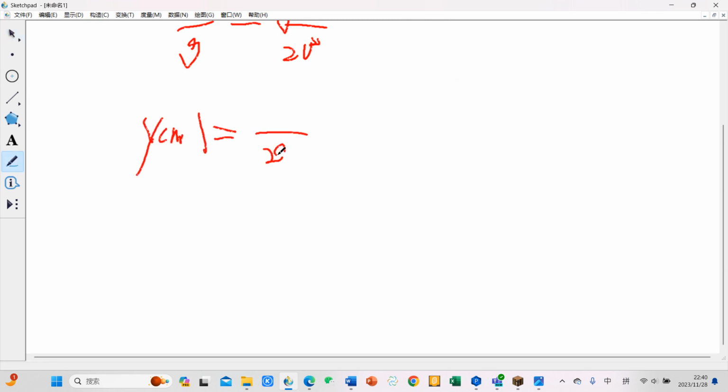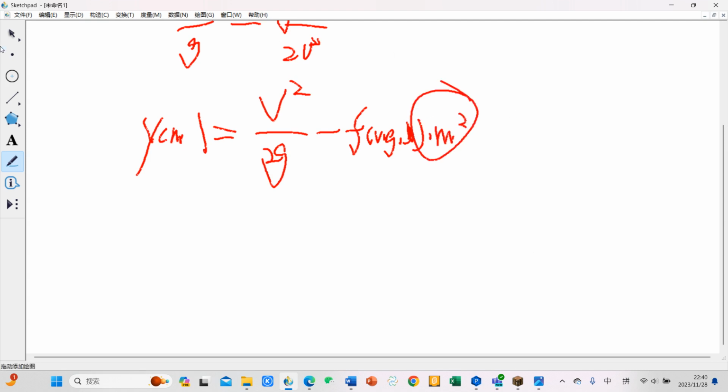It should be some kind of vg, some kind of things and times an m squared, right? As we showed above. No, as we showed, it disappeared.